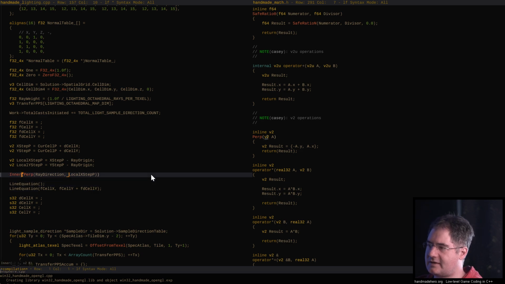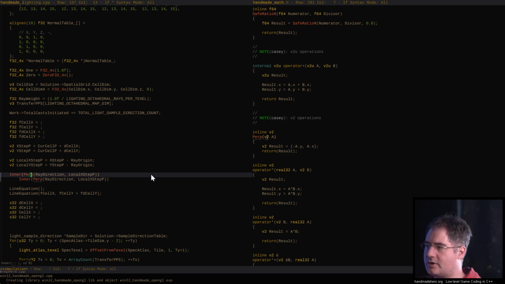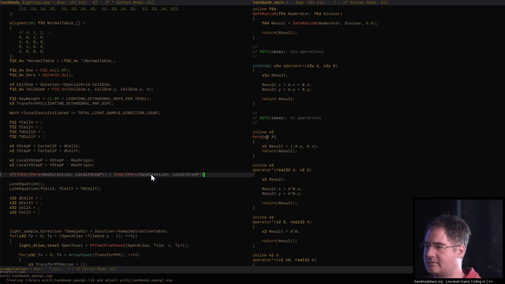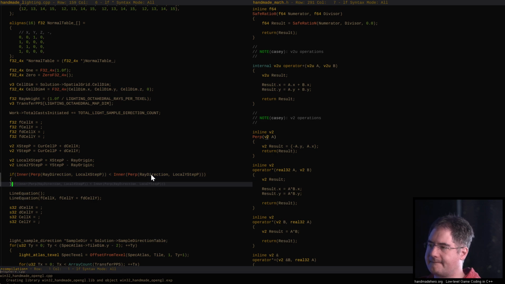So you get the exact distance from the ray to the cell center just with inner perp. That's it. So what you're looking at is the difference between the inner perp of each of these. And you're just going to do something like this. You know what I'm saying? Now, you may have to absolute value this.